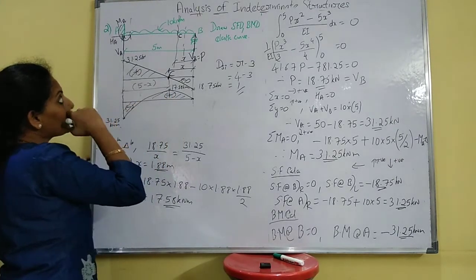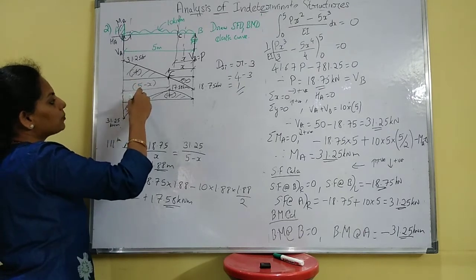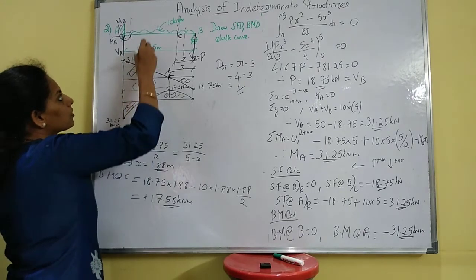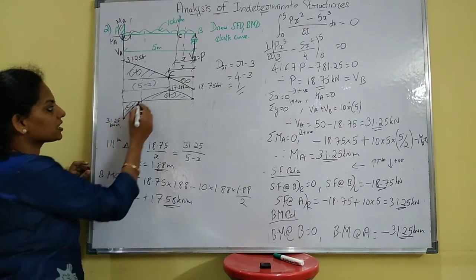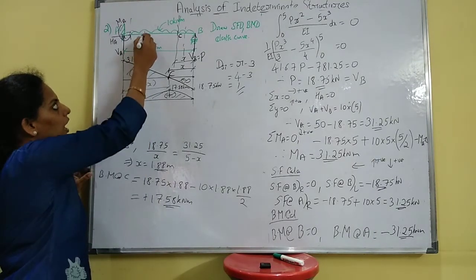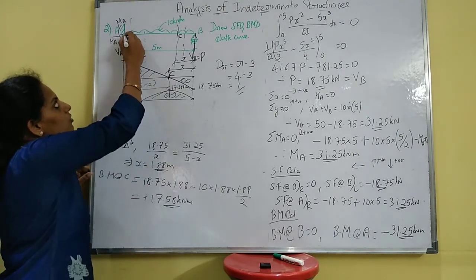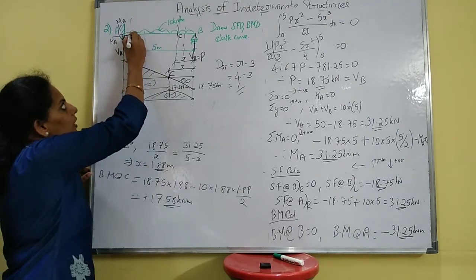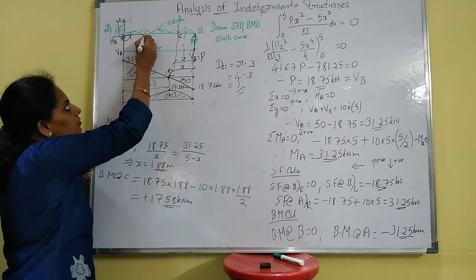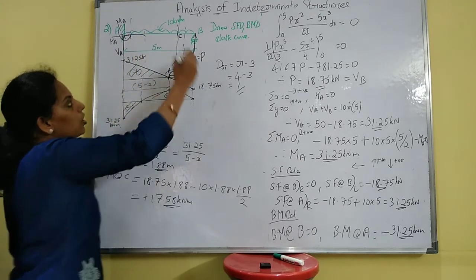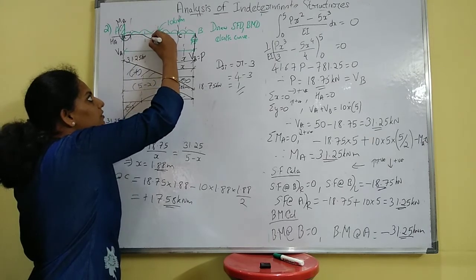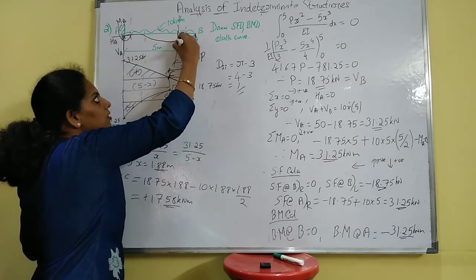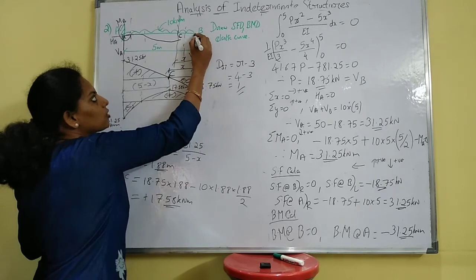Okay. Next, for the elastic curve, using this bending moment diagram you can draw the elastic curve. Up to here you have negative value, so it will be hogging bending moment. From here you will have sagging, so hogging is negative and sagging will be positive, and here it is 0.